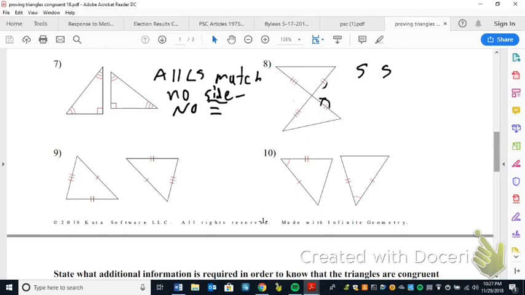So now we're looking at, well, do we have a third side? No, we do not. But we do have that vertical angle in the middle, and that's in between the two sides. See how they're vertical angles? So we put that angle in between, and look, we have SAS, S-A-S.